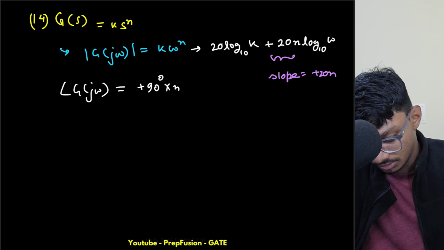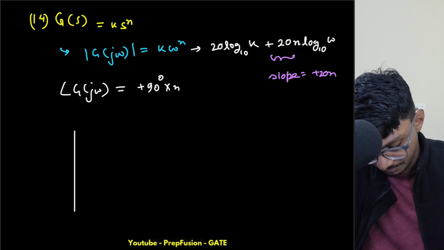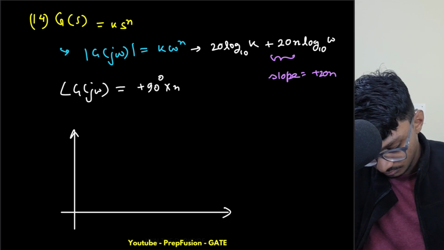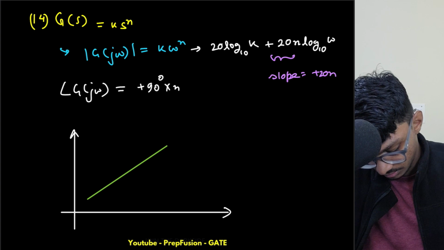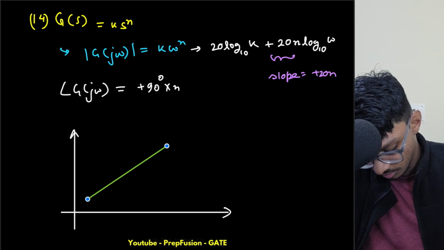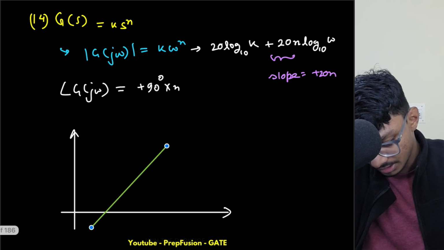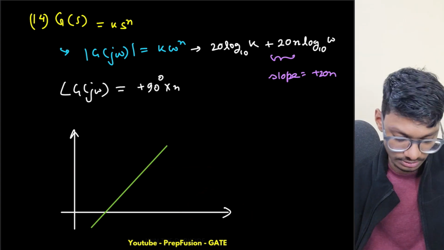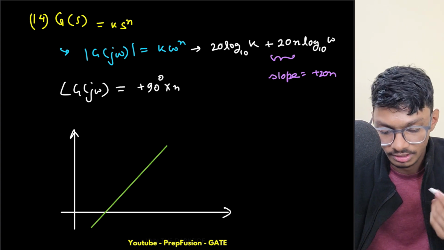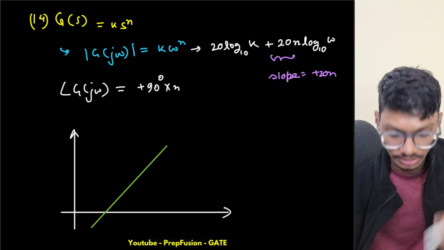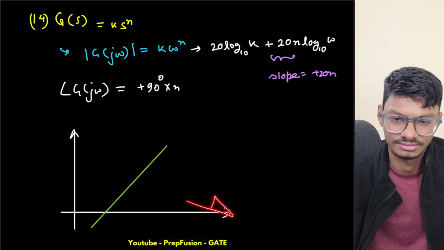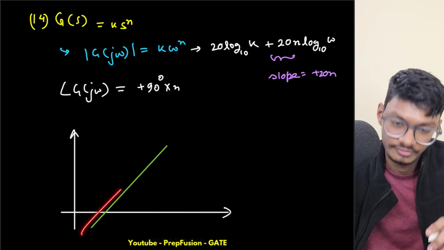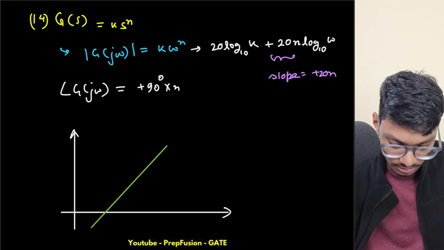If I just draw the Bode plot, I won't explain it much further. It will be like this. It may cross the 0 dB axis. Sometimes this may be the 0 dB, or this also can be 0 dB. They won't mention that this is always the 0 dB. It isn't important that this will be only 0 dB. This can be anything, even minus 100 dB can be this axis. I'm just telling you that wherever it cuts, for easier visualization, we call it 0 dB.